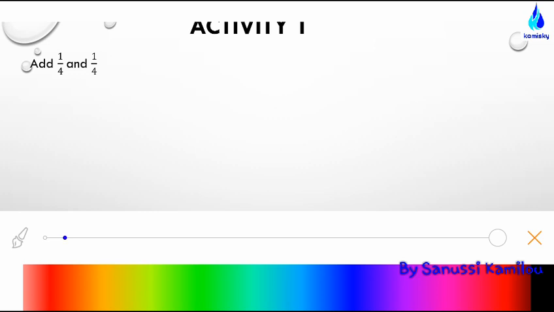So how do we go by it? Don't forget our step number 1. The step number 1 said make sure the bottom numbers, which are the denominators, are the same. Here they are already the same.